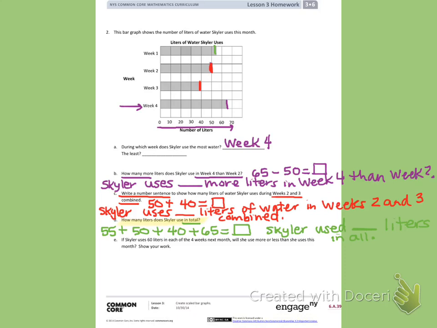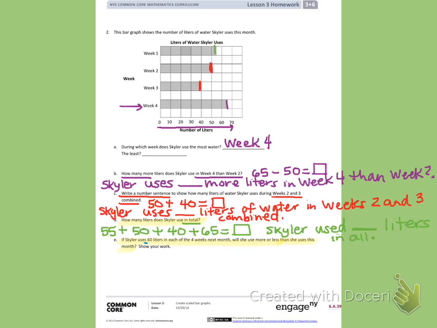Finally, item E says, if Skylar uses 60 liters in each of the 4 weeks next month, will she use more or less than she uses this month? Show your work. I'll highlight first, if Skylar uses 60 liters in each of the 4 weeks next month, will she use more or less than she uses this month?